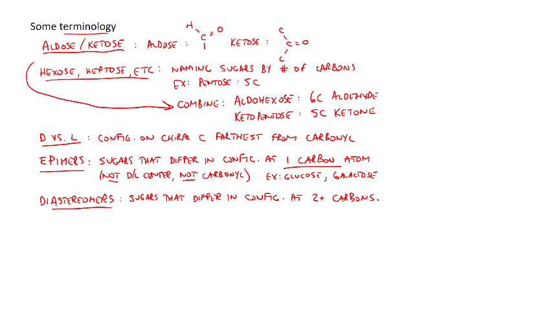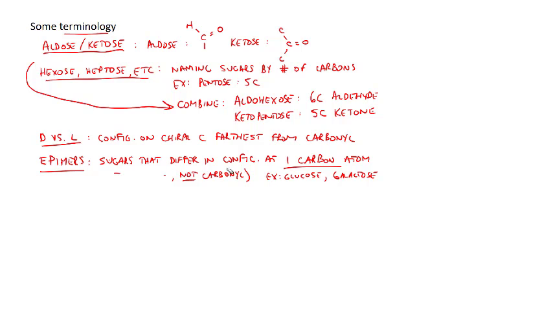So those are diastereomers. So how would we compare sugars to see if they're epimers or diastereomers? You would have to look at the Fischer projection structures. So, for example, let's draw the Fischer projections of a couple of different sugars.